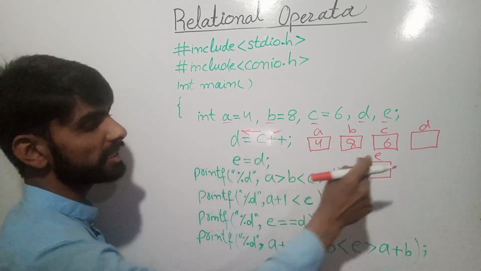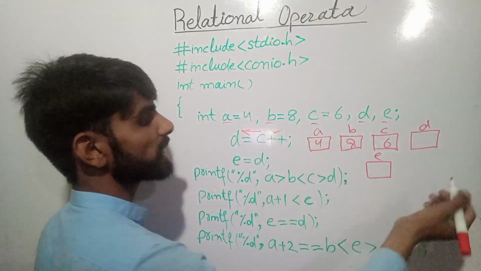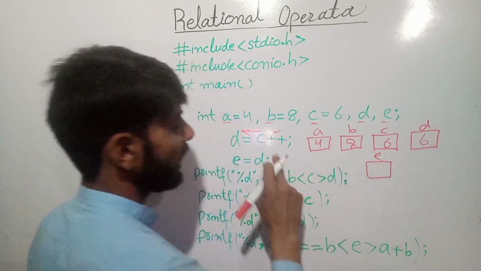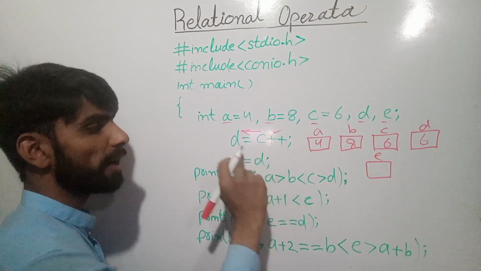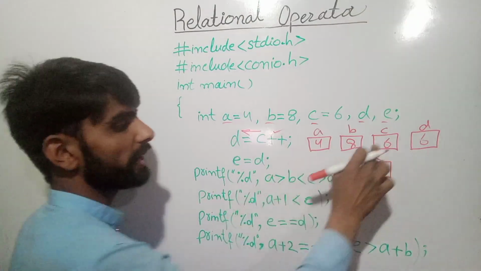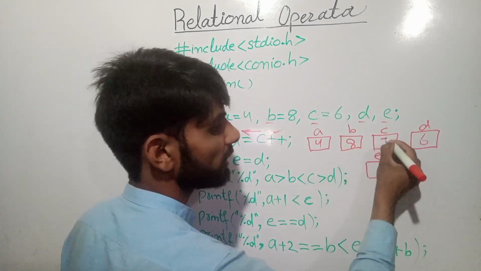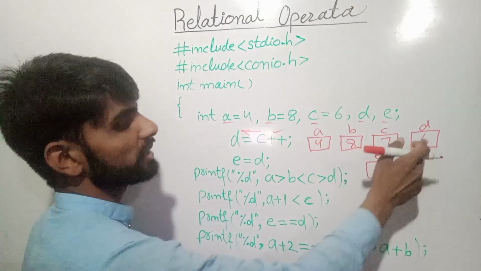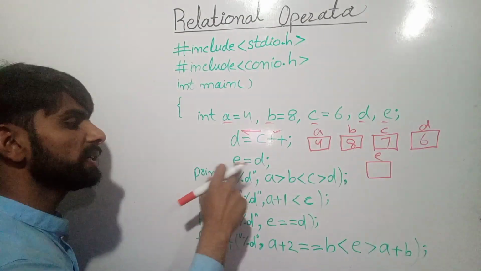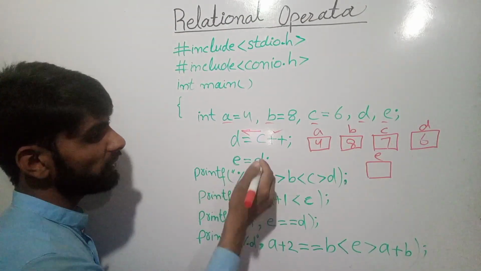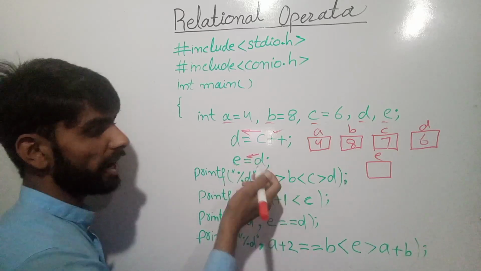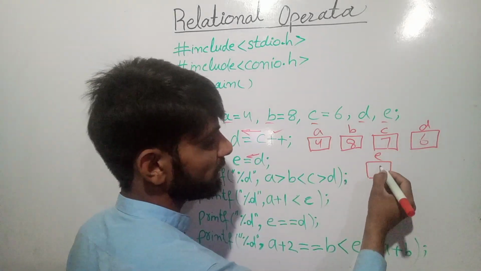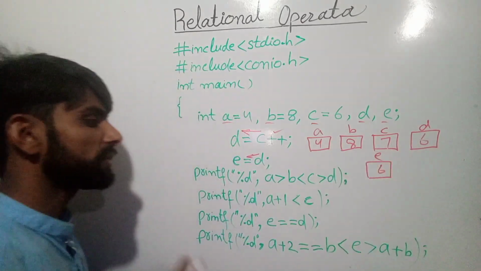First the value of c, which is 6, will be assigned to d, and after that c is incremented by 1. So c is 7 and d is 6, right? And e is equal to d, so the 6 value will be assigned to this variable.